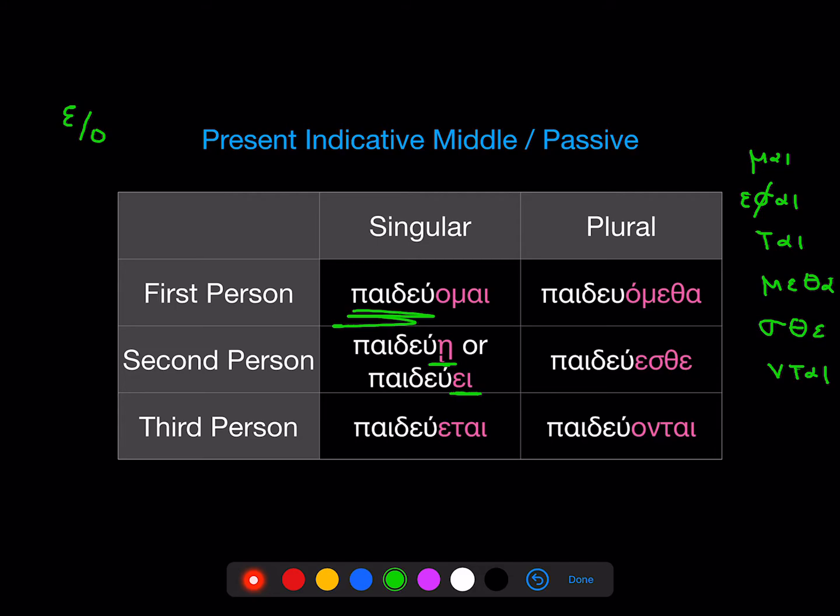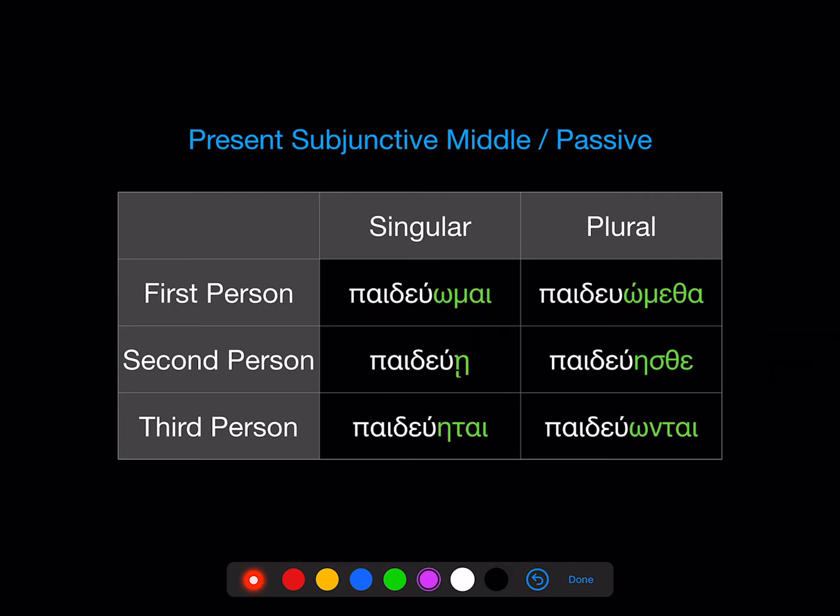Well, what we have for the present subjunctive middle passive is going to be these same primary middle passive endings, but with a lengthened theme vowel. So now we have paideuomai, paideuei, paideuetai, paideuometha, paideuesthe, paideuontai.